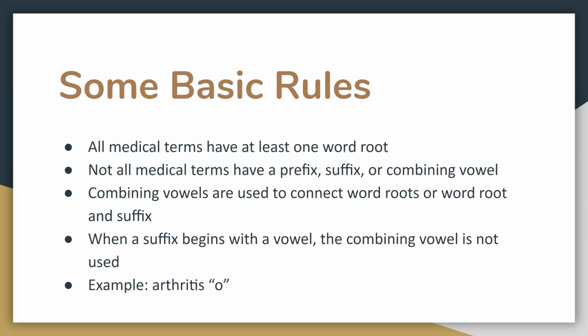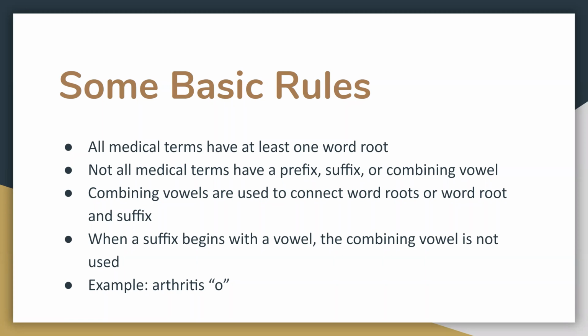So here are some basic rules that we should follow when we're putting all of these together. So all medical terms have at least one word root. Some, like in osteoarthritis, have two. Not all medical terms have a prefix or a suffix or a combining vowel. So some will just have one or the other, or some might have several, okay?